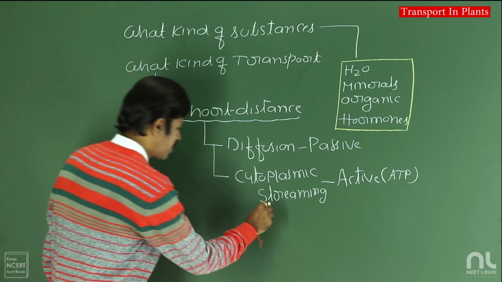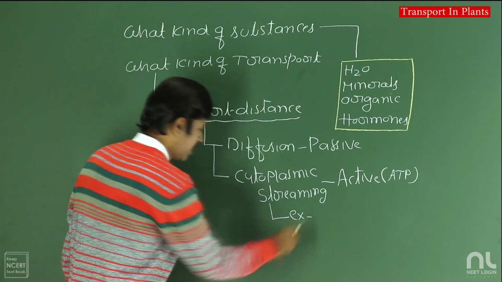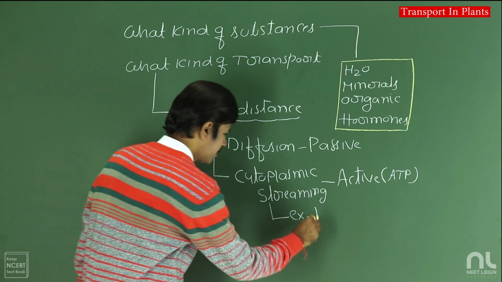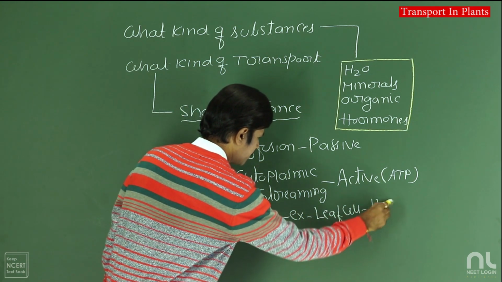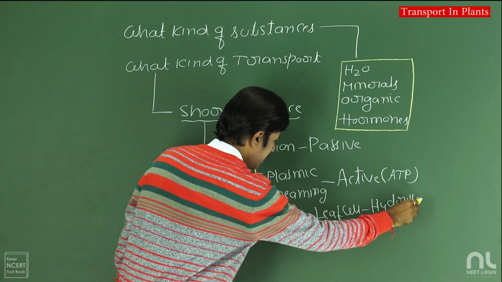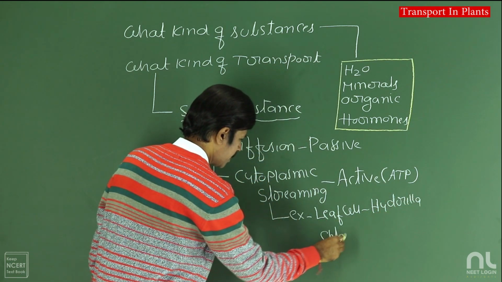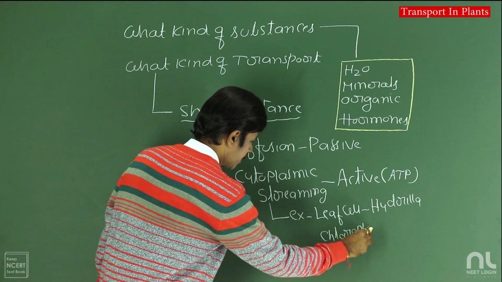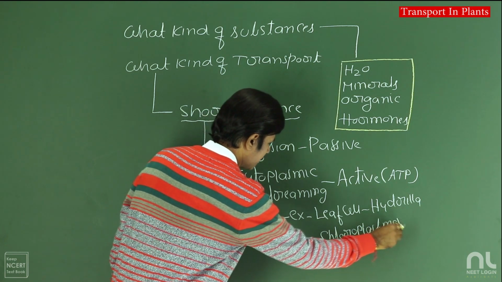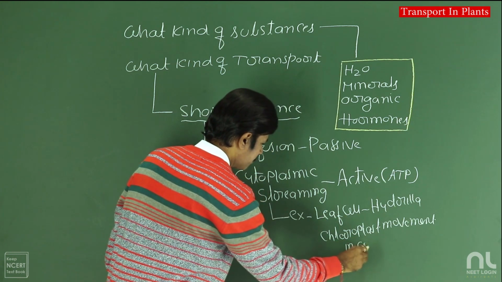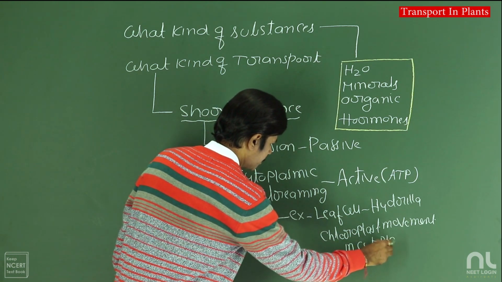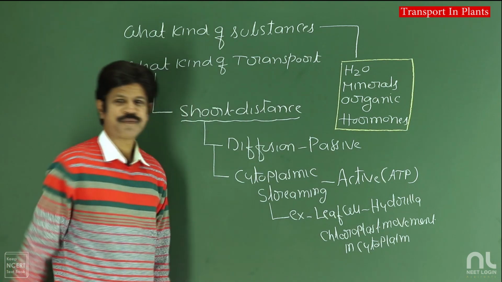In cytoplasmic streaming, the example is the leaf cell of Hydrilla and chloroplast movement in the cytoplasm.